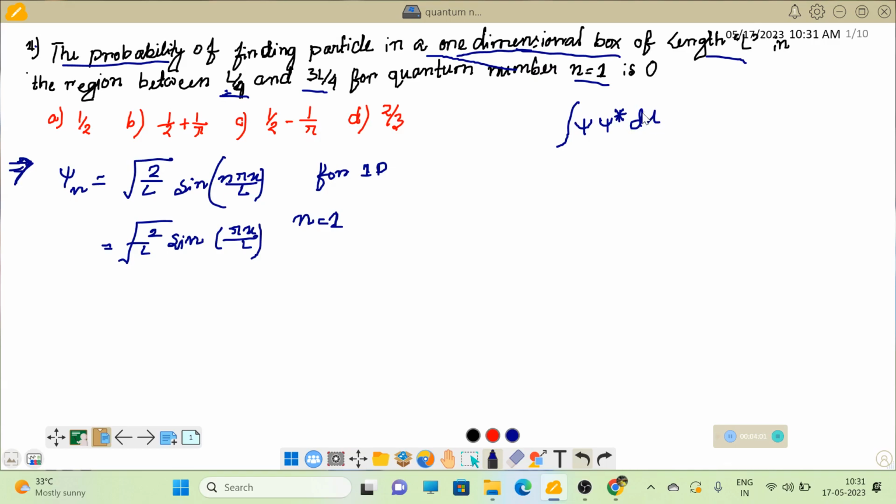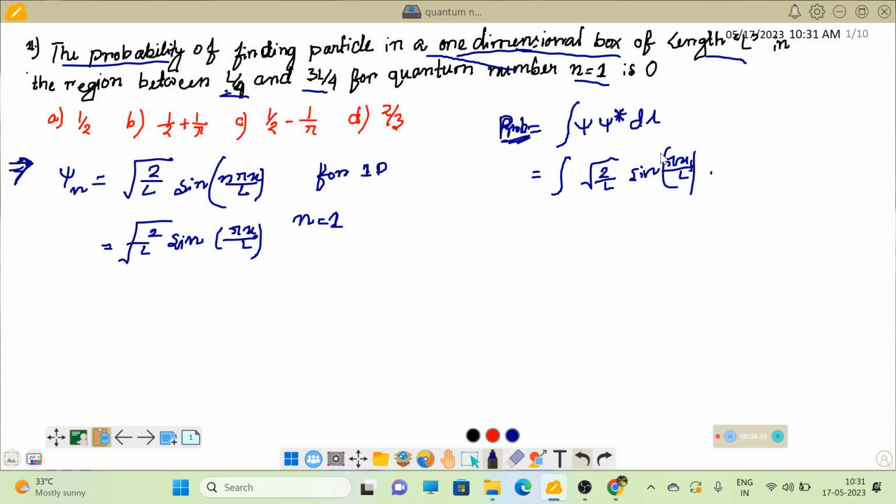So here psi is root 2 by L sine pi x by L, into psi star, means its conjugate.